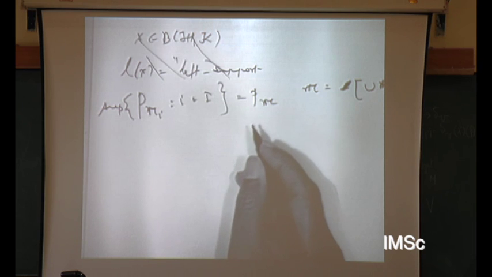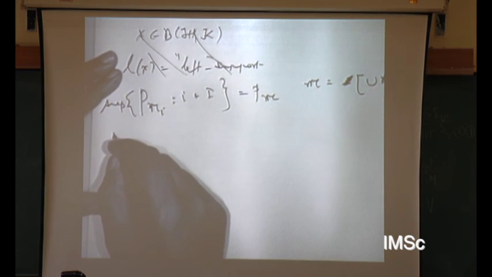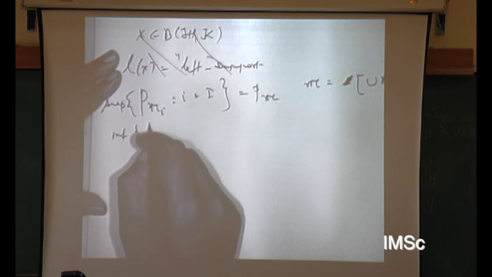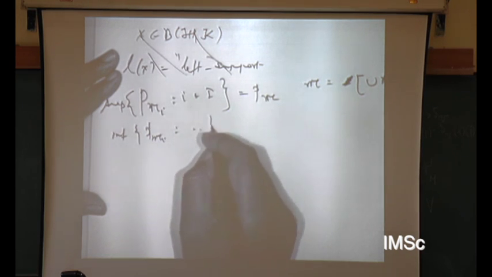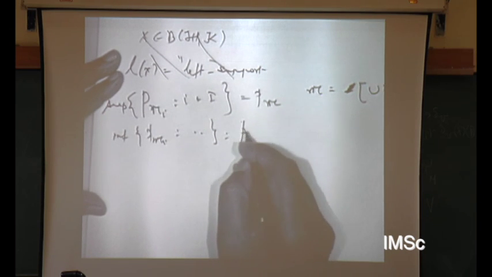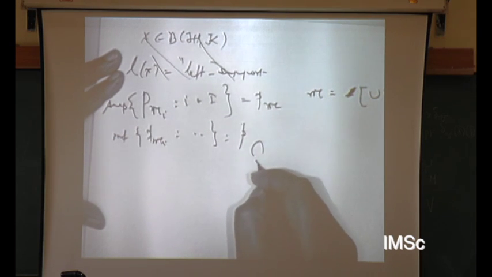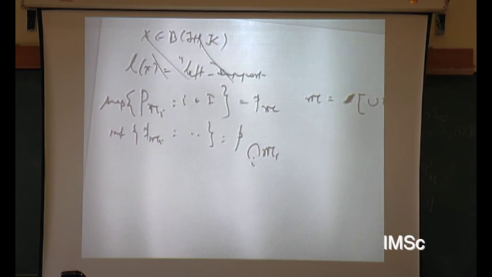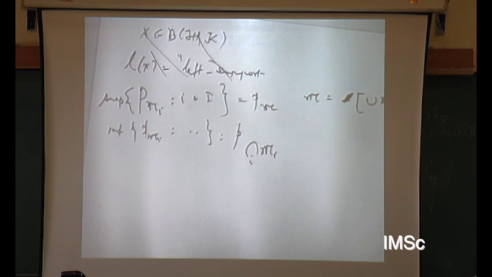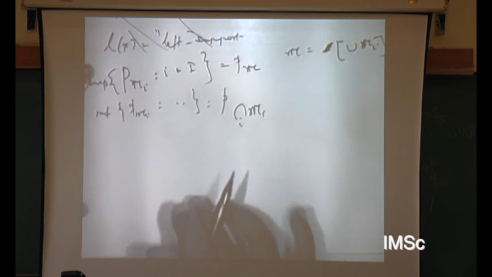And you prove the other thing, that inf of P sub M i equals P of the intersection over all i of M i. If you give a collection of subspaces, there is the largest subspace contained in all of them. And that largest subspace is clearly the intersection. Okay.